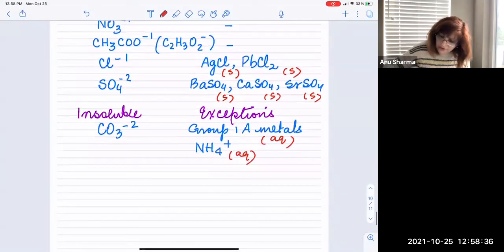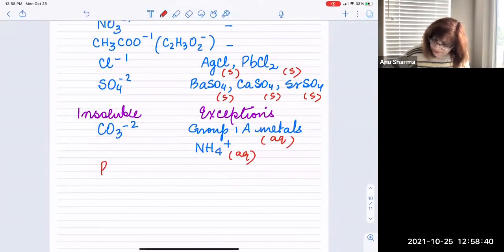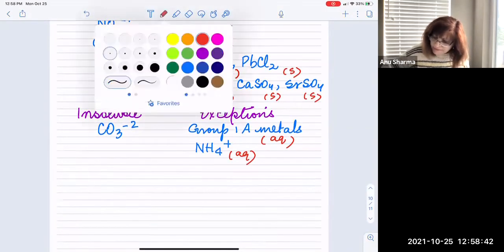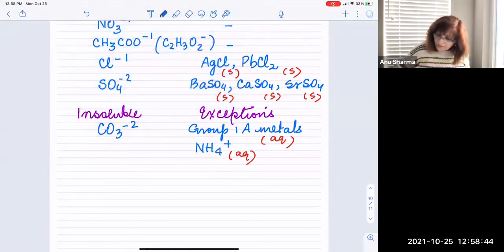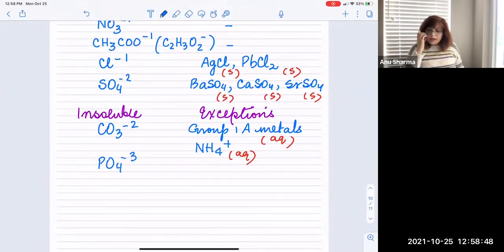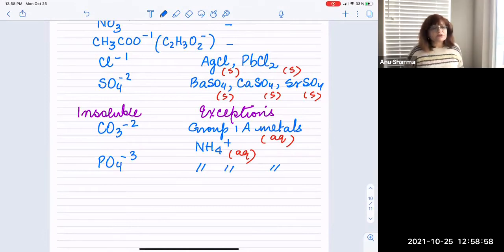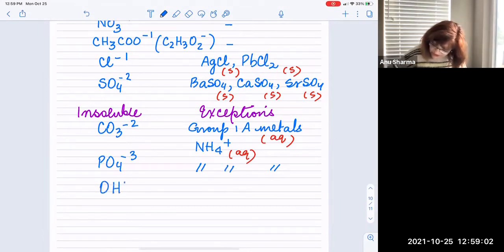Okay. Then look at the phosphates. PO4, 3 negative. All of them are insoluble except, again, group 1A and ammonium. Those group 1A metals and the ammonium, all of them will be soluble. And then also the hydroxides, this is missing.